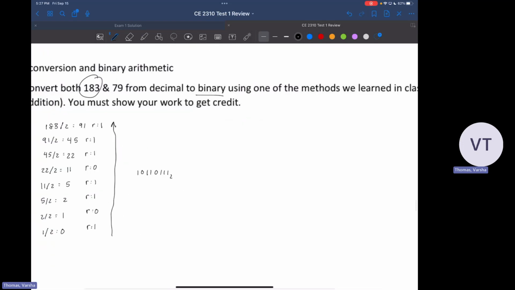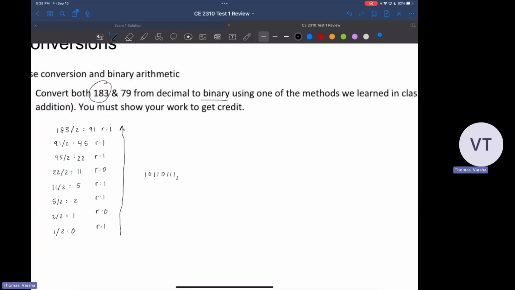So then the addition method. With the addition method, you have to keep in mind placeholders. What I mean by that is the bit all the way to the right is going to be your 2 to the 0 bit. You have the 2 to the 1, and it just keeps going up. 2 to the 3, 2 to the 4, and these all have, if you put it in a calculator, a corresponding decimal value.